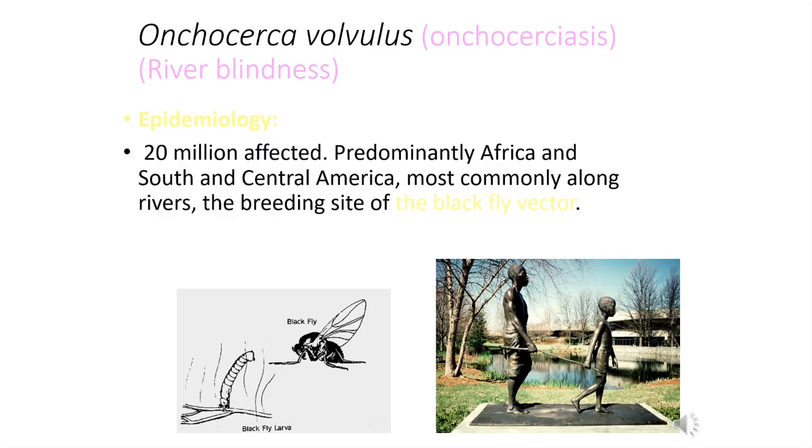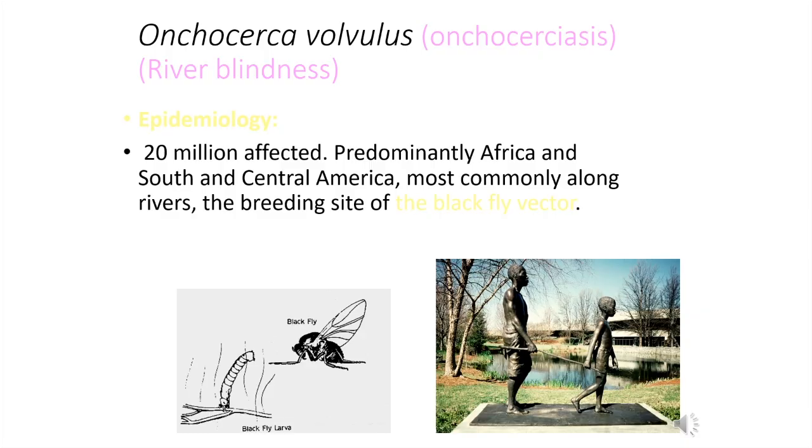And this fly lives around rivers, and it deposits its eggs around the edge of the water, which is slowly flowing at the edge of the river, and the larvae which hatch out of the eggs attach themselves, like you see in the left lower panel. They attach themselves to vegetations in the slowly flowing waters there, and they develop as larvae into pupae, and then the pupa will hatch out into a young fly.